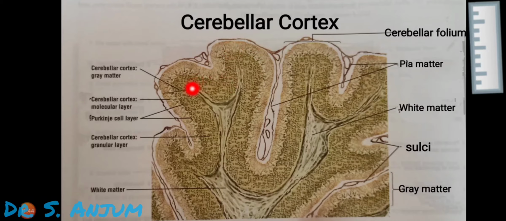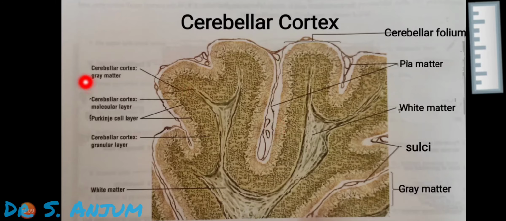Both the sulci and the folia are covered with pia mater. It is a thin layer of connective tissue. You can see there is a thin layer of collagen fiber, which is pia mater.